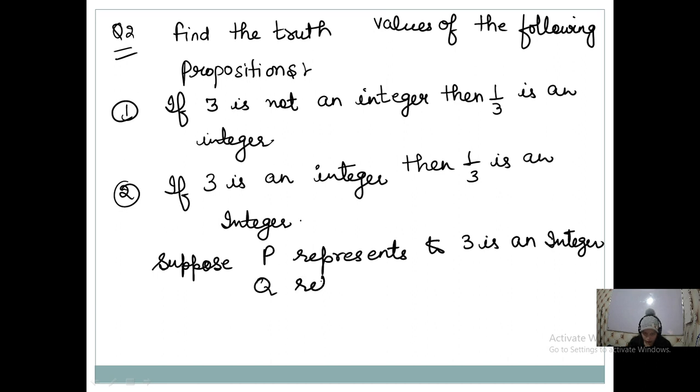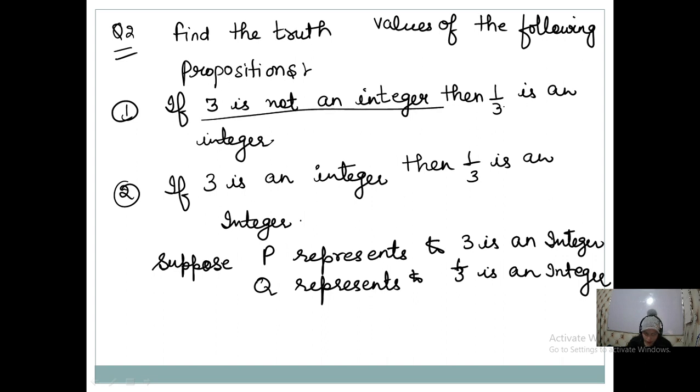Here Q represents 1 by 3 is an integer. So now, according to the rule of proposition, if 3 is not an integer, then 1 by 3 is an integer.